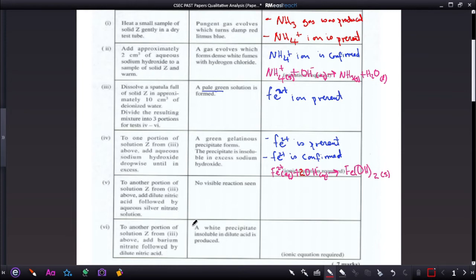Specifically, we're testing for chloride ions, bromide ions, and iodide ions. Here, they are saying that no observable reaction was seen. So what can we infer? We can infer that the chloride ion, the bromide ion, and the iodide ion are not present.